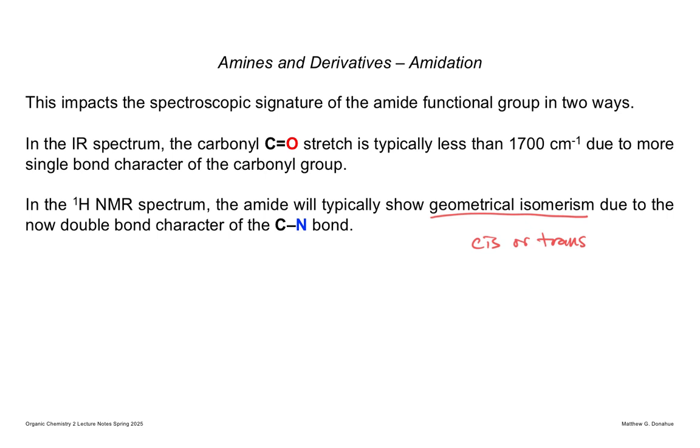Because you have the C and the N, then the double bond, then these 4 substituents, all 6 of those things are in one plane. Then the magnetic environment will matter, so you'll see a difference in those substituents.